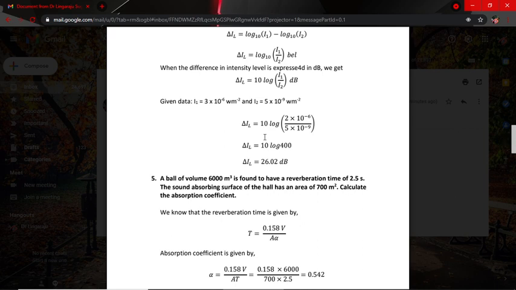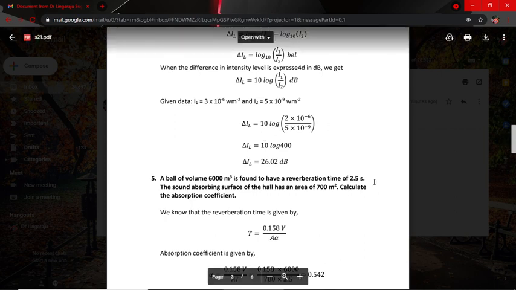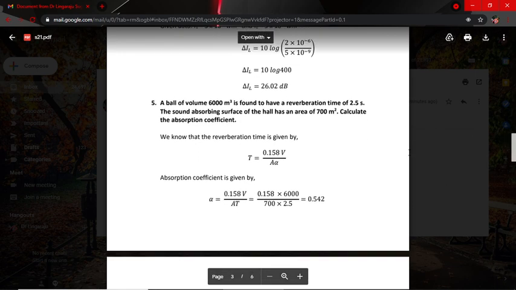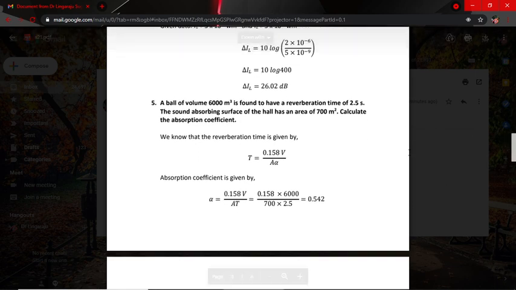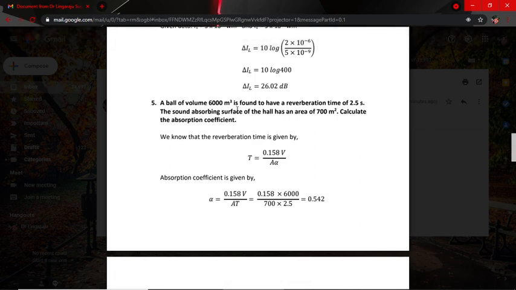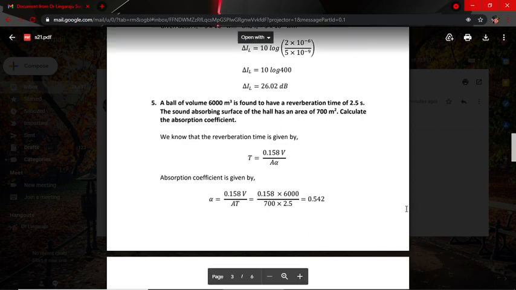Next is the fifth problem. In this fifth problem, just observe it. A hall of volume 6000 meter cube is found to have a reverberation time of 2.5 seconds.